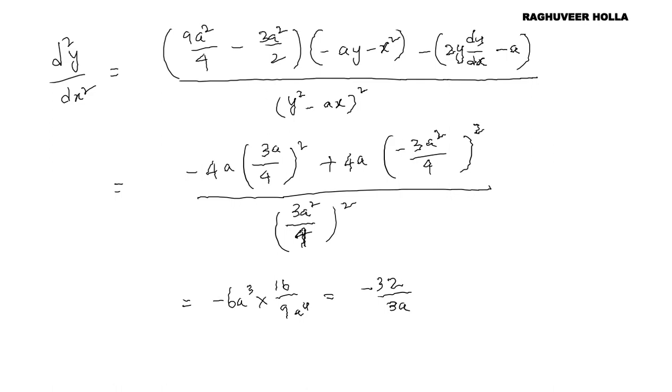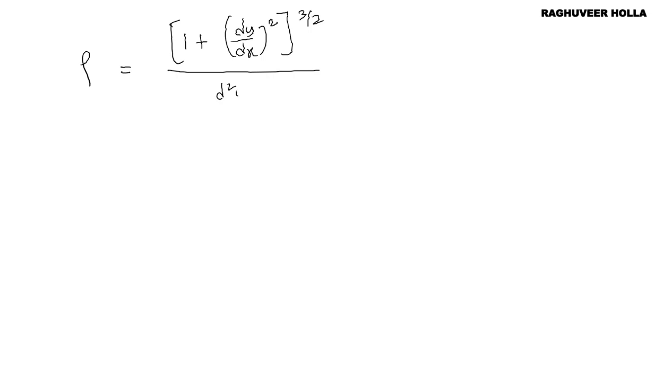So rho will be, the formula is 1 plus dy by dx whole square to the power of 3 by 2 divided by d square y by dx square, right? So let us substitute it.